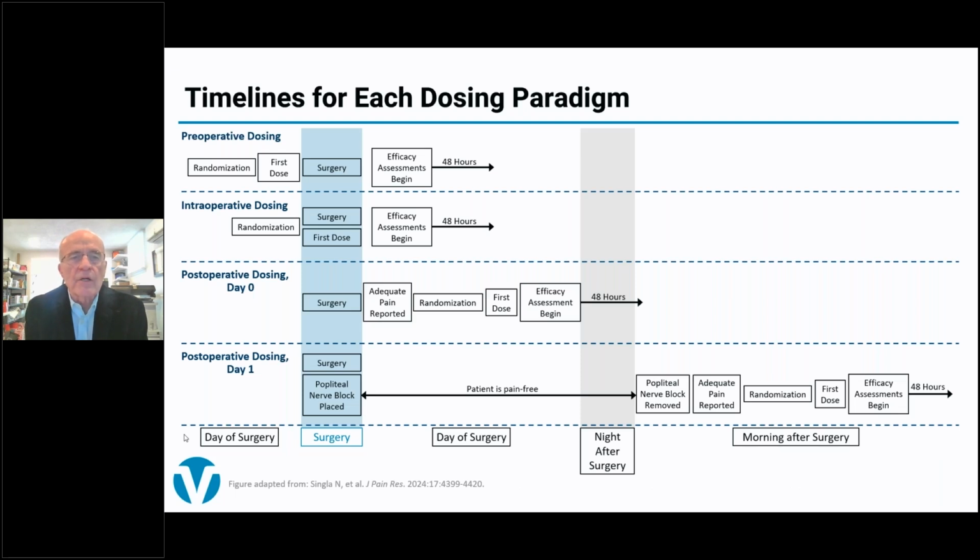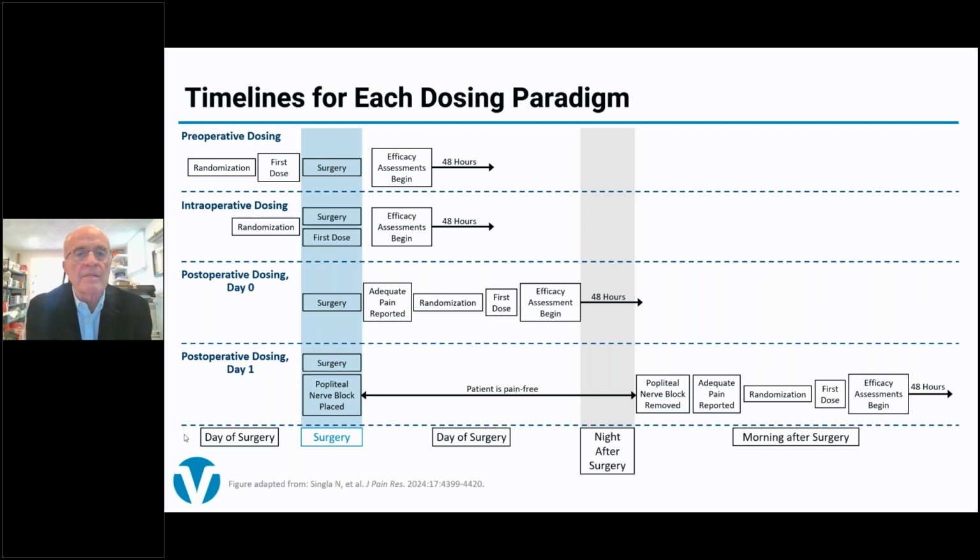So the timelines for dosing paradigm depend upon when and what is being done. And this can apply to all 3 of the models used, and probably even some of the models that we're not discussing today. The top one is preoperative dosing. So you randomize the subject, then you give a dose, then you have surgery, and you measure the assessment over the next 40 hours. Now, there's no baseline pain to compare it to, so you can't use a SPID.